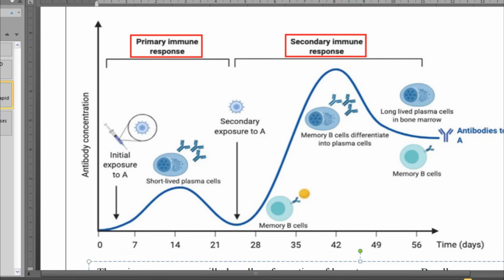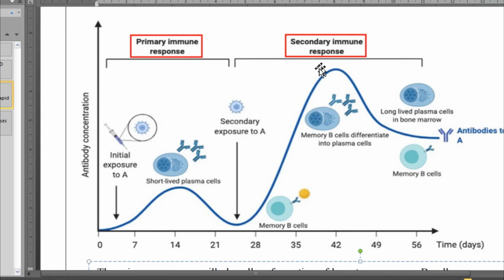So if you look at a diagram here, this is due to a vaccine, but let me say that this is just exposure to a virus. If you have exposure to a virus here, you can see that the antibody concentration increases. We get some plasma cells being formed to fight it off, and you have more, of course, because you're trying to get rid of the pathogen. It drops over time because you're getting rid of it, so you don't need as many antibodies. And this would be a secondary immune response right over here. What's happening here is that you notice there's a steep increase in antibodies.